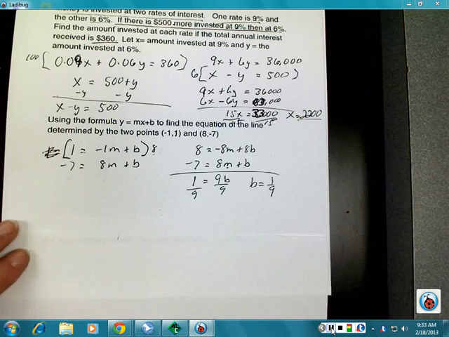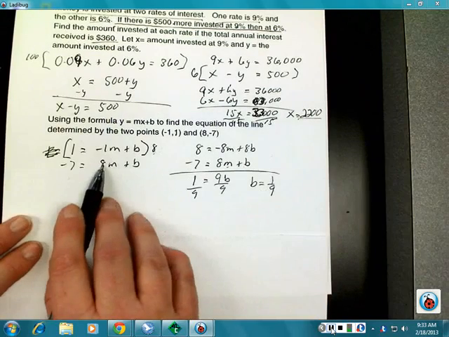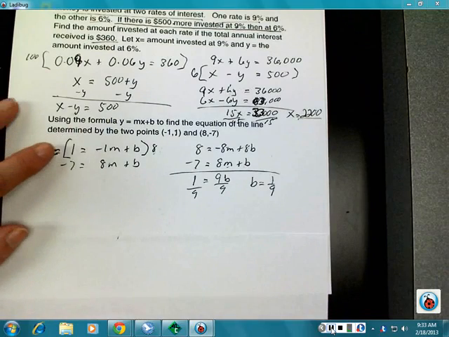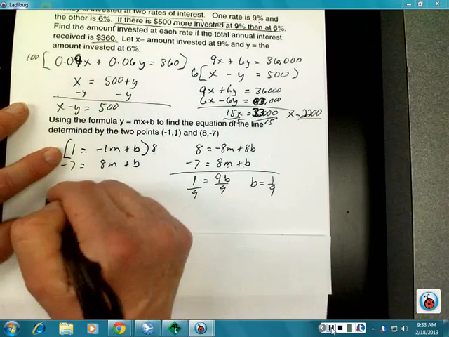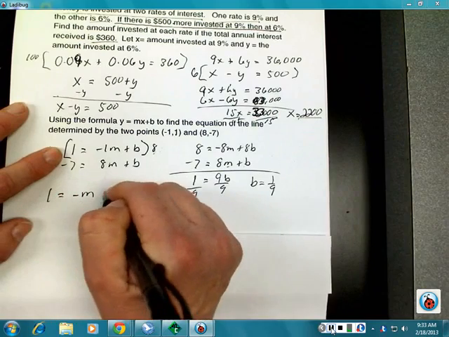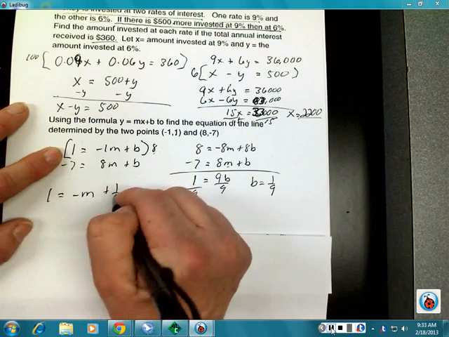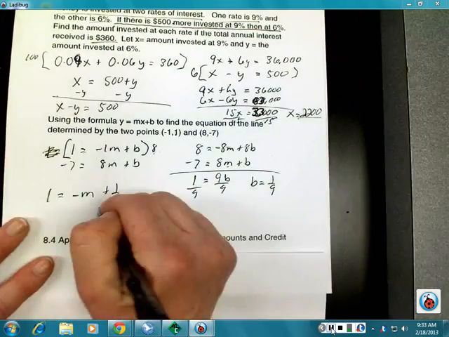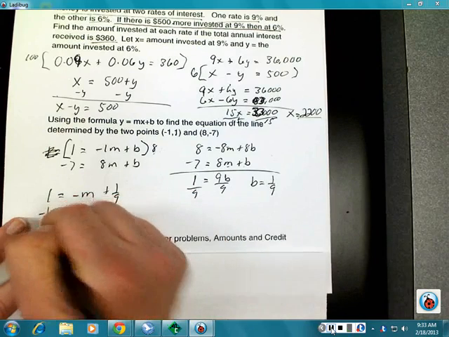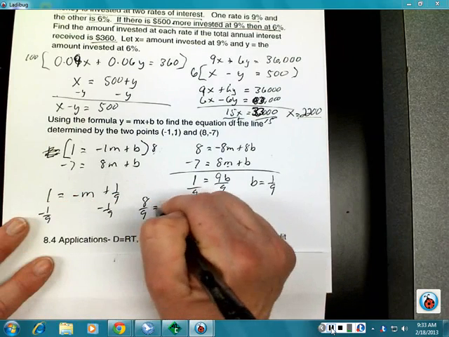So am I done? Nope. Now I gotta go back and find out what m equals. So I guess I'll plug it in this top one. 1 equals -m plus 1/9. So if I subtract 1/9, that leaves me with 8/9 is equal to -m.